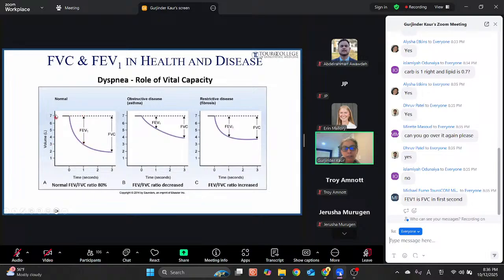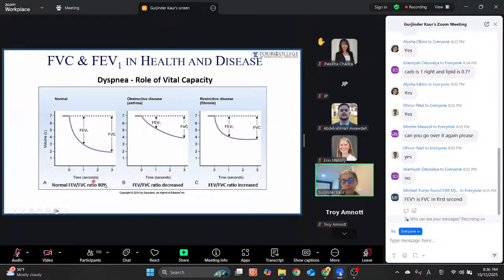That's your 4 liters, as you can see here, 3 to 7, 4 liters in the very first second. You get rid of all this air in basically 3 seconds. You see on this graph, in 3 seconds you get the FVC out. But in the very first second, you already got 80% out, 4 divided by 5, right? So the normal ratio is 80%.